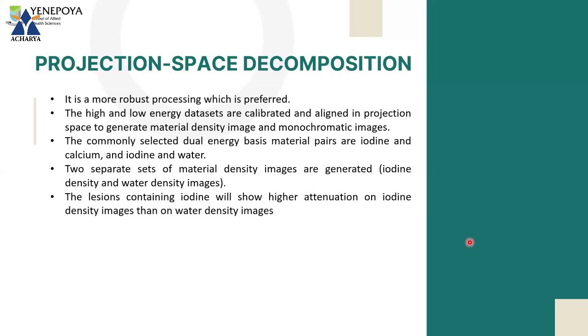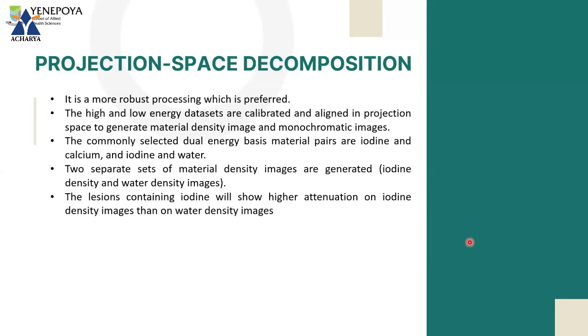When you do it like this, the lesion which contains iodine will show higher attenuation on iodine density images than on the water density images. When you are focusing on water, the water will show higher attenuation on the water density images compared to the iodine density images.